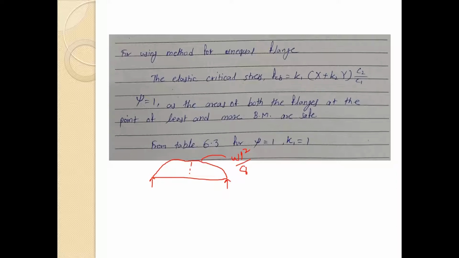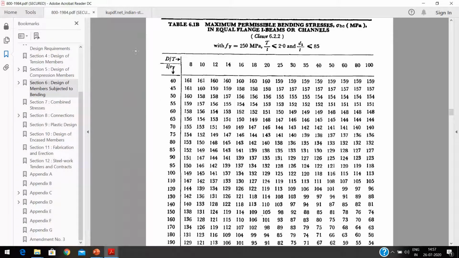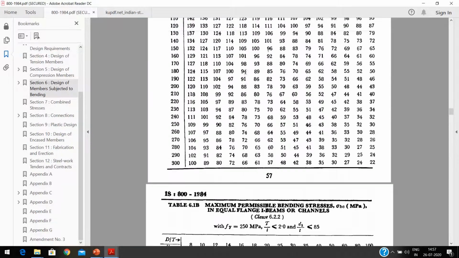So if we consider, here we have the least bending moment and here we have the maximum bending moment at the mid span. So section over here and section over here are the same. That's why we are taking this as 1. So let me show you.